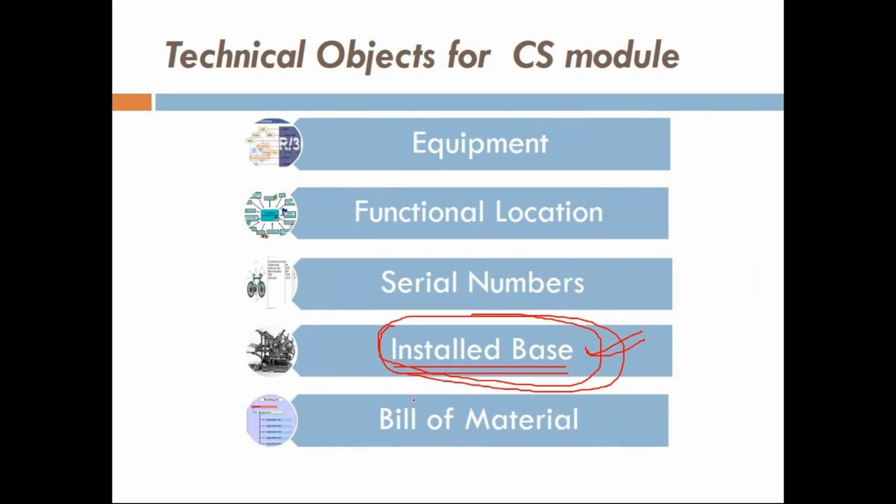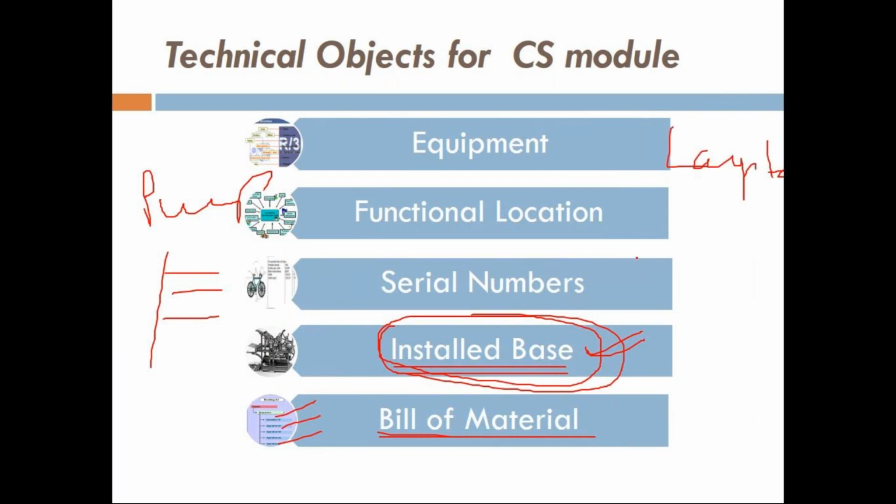After that we create bill of material, BOM. BOM means what are the spare parts present in your equipment. Take a pump: you will have a bearing, a gasket, a coupling. Suppose you are selling a laptop. The components present in a laptop are a monitor, a hard disk, RAM, all those things.